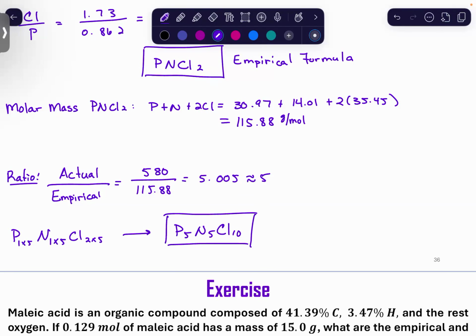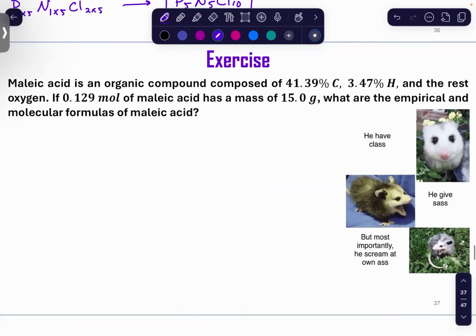Okay, so let's do another one real quick. So maleic acid is an organic compound composed of 41.39% carbon, 3.47% hydrogen, and the rest is oxygen. If 0.129 moles of maleic acid has a mass of 15.0 grams, what are the empirical and molecular formulas of maleic acid?